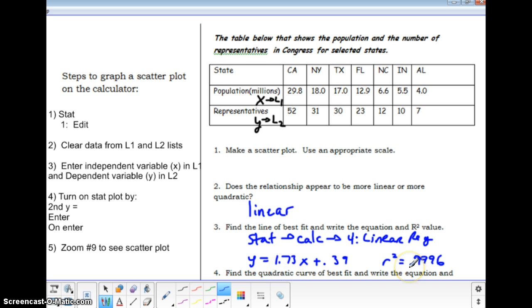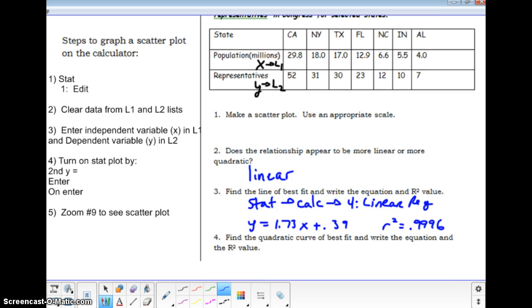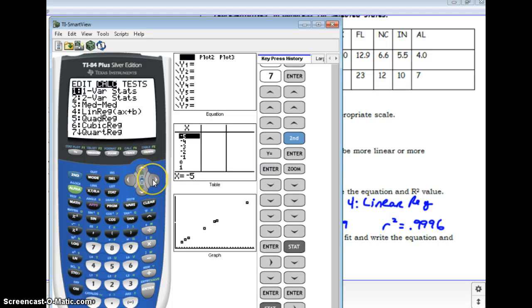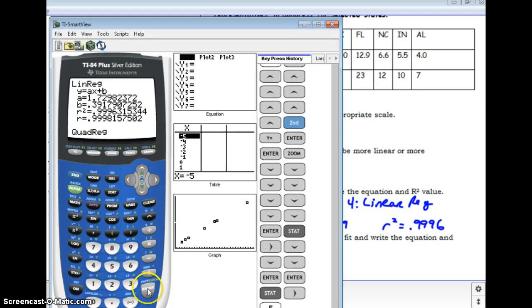Now it's a good habit to run the quadratic as well as you're determining. We are pretty positive it's linear, but let's just understand those steps. The same thing, but instead of hitting line, you're going to hit quadratic. So you hit stat, then over to calculate, and then 5 for the quadratic regression, and it comes up here.